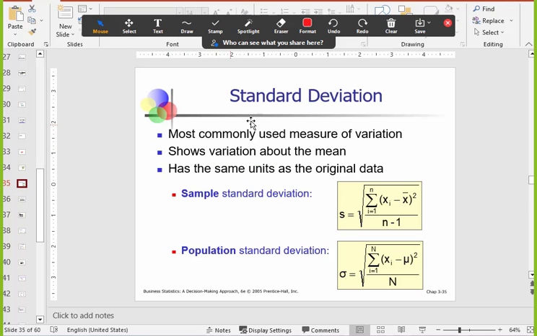Then there is standard deviation. The difference between standard deviation and variance is that it has a square root, and if you remove the square root, it becomes variance. It is the most commonly used measure of variation, and it shows the variation about the mean value. It has the same units as the original data. So the formula is almost similar.